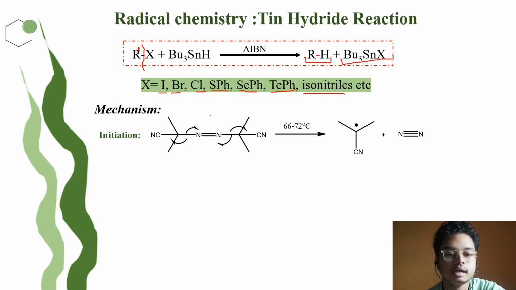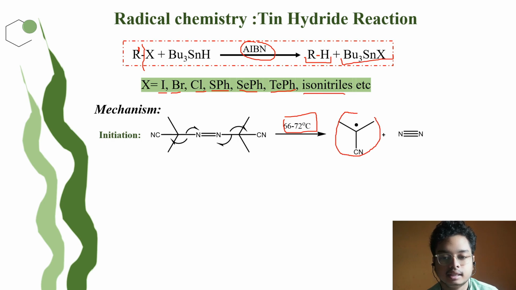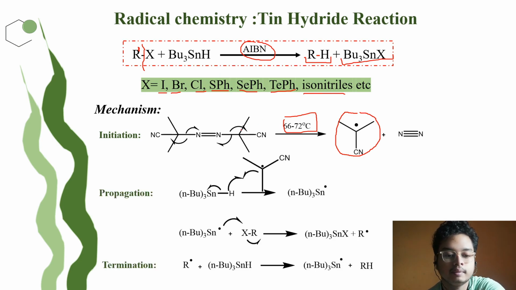In any kind of radical reaction, the initial step will be the radical generation. So here the AIBN is here. In the presence of temperature, the AIBN bond is cleaved to generate this radical, and this radical will initiate the chain reaction here. The next will be the propagation.